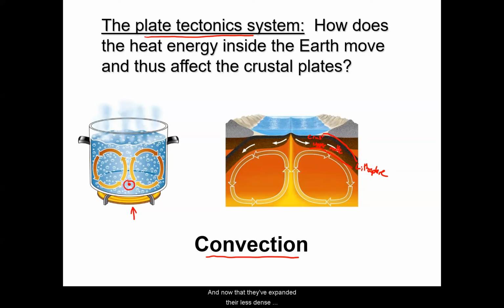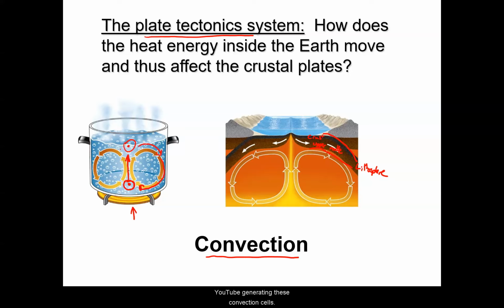In turn, it will heat up. Now that you've got some less dense material that has risen, it's going to slowly cool down and then get more dense, and it's going to sink again. You end up generating these convection cells where less dense material rises, and it's less dense because it's hotter, and then more dense material sinks, and this circulates in your pot of rapidly boiling water, if you watch closely.